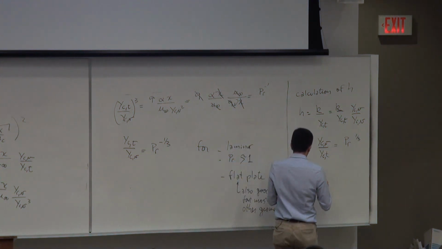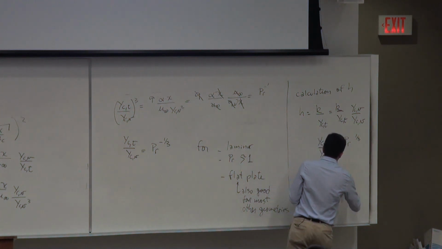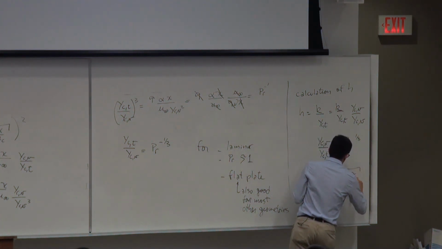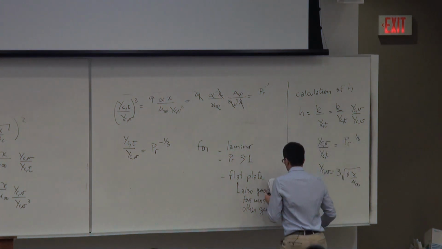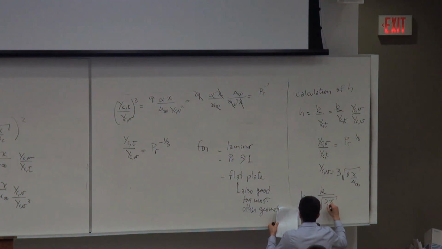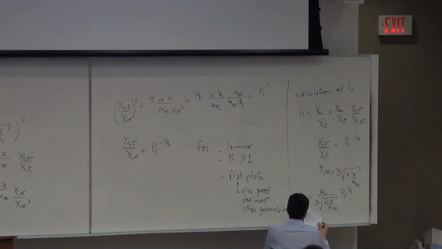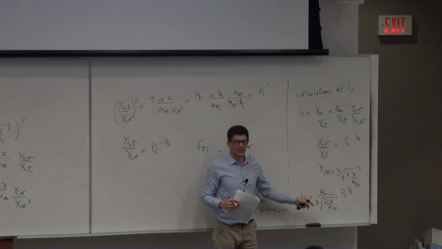I flipped it there. So we are going to end up, and delta V is 3 square root of nu x over u infinity. And this gives us H is K of, so I have just calculated H here.